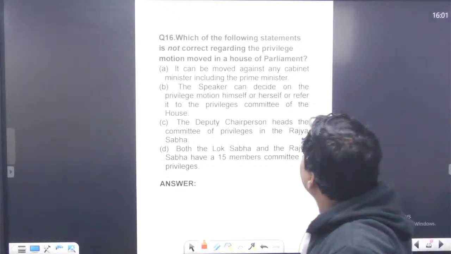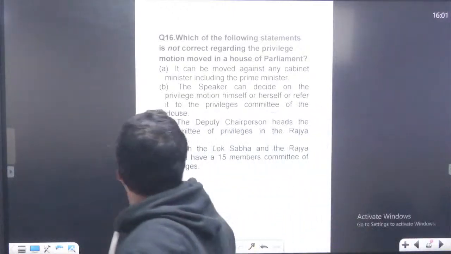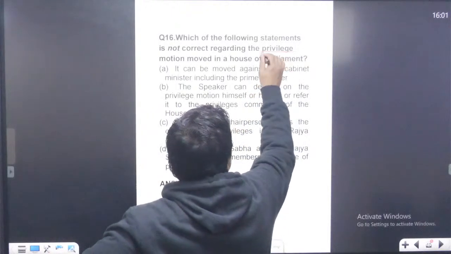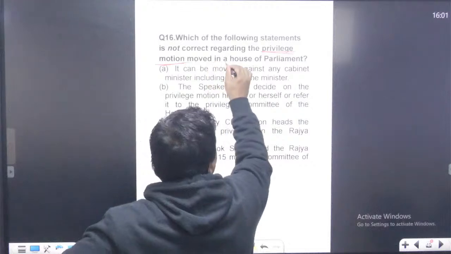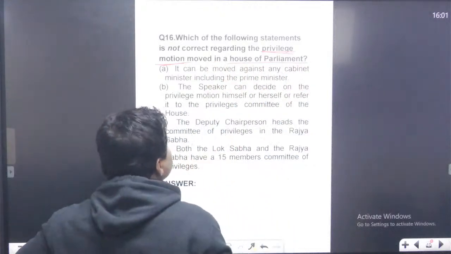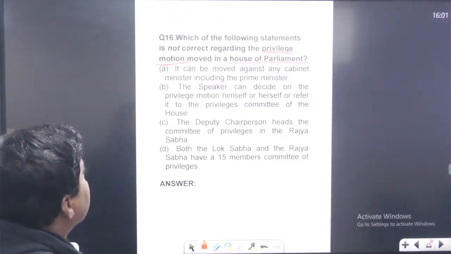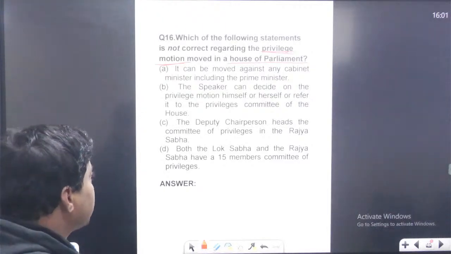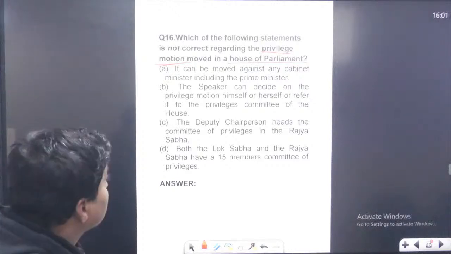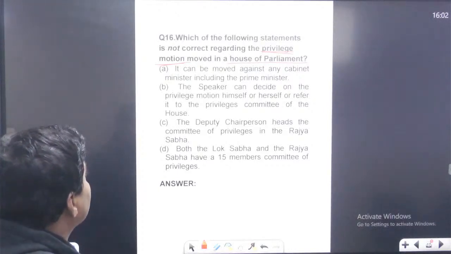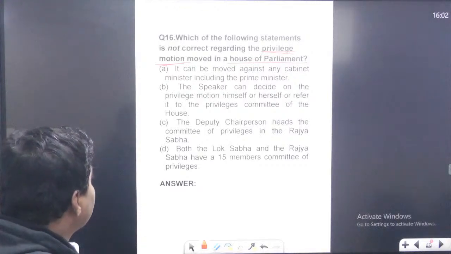Look at a privilege motion. Which of the following statements is not correct regarding the privilege motion moved in the House of Parliament? It can be moved against any cabinet minister, including the Prime Minister. The Speaker can decide on the privilege motion himself or herself, or refer it to the privilege committee.